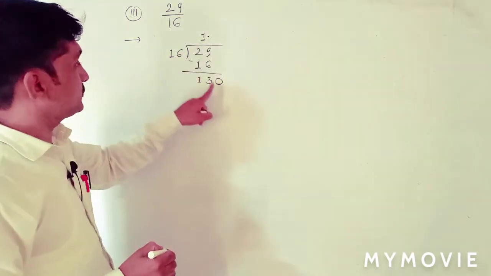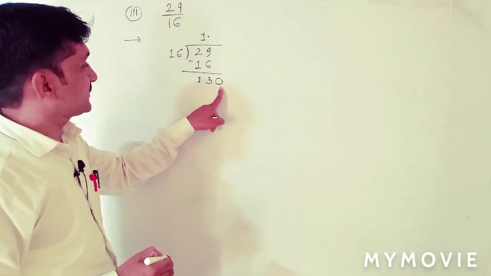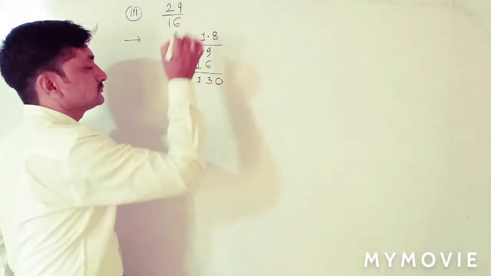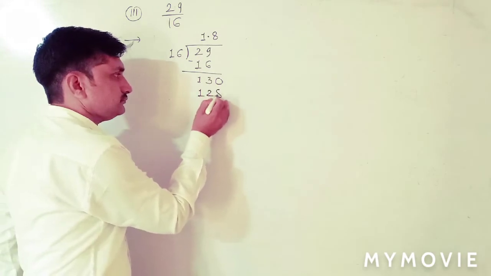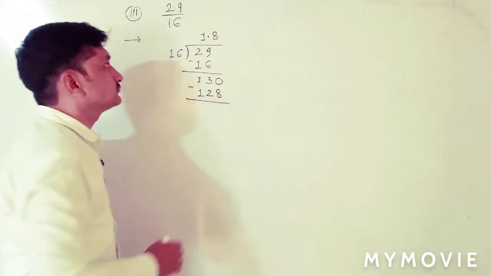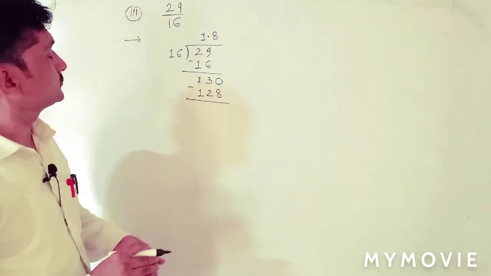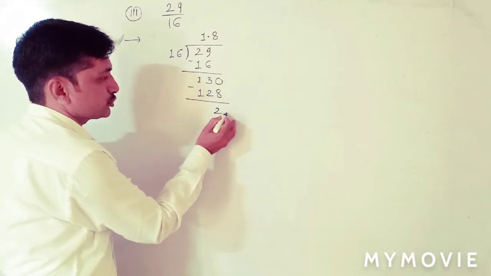Now 16 8s are 128. Subtraction 130 minus 128, 2.